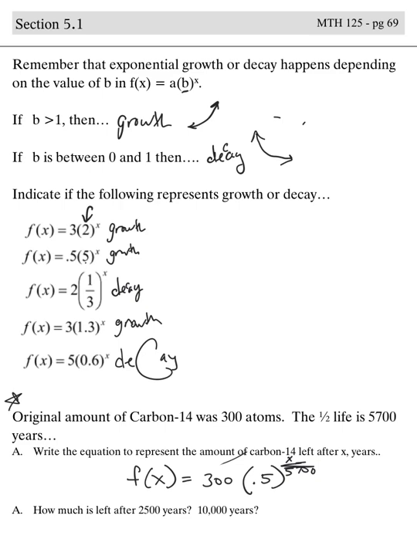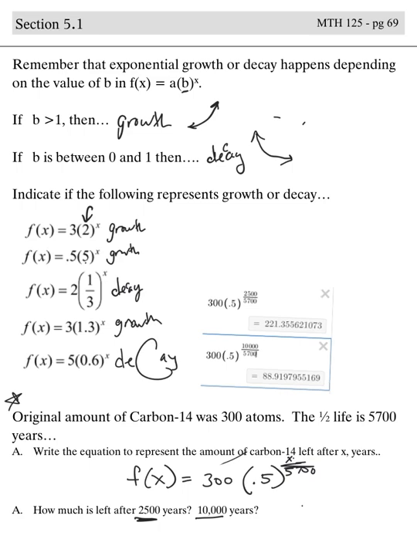If I were to go ahead and put this in Desmos, I will first plug in 2,500 years for x, and then I'll plug in 10,000 years for x and see what I get. So let's put this in Desmos. Okay, so here is the answer to my first question.